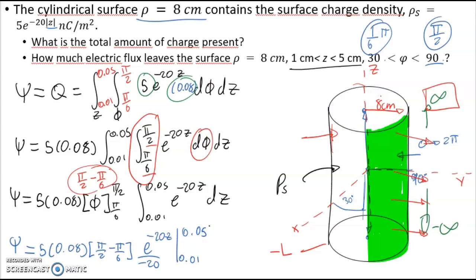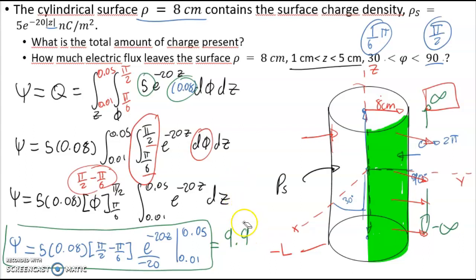Now, if we perform this evaluation right here, we will find out that the value is going to be 9.9, sorry, 442 picocoulombs. Well, actually, remember, we're working with nanocoulombs from the beginning.